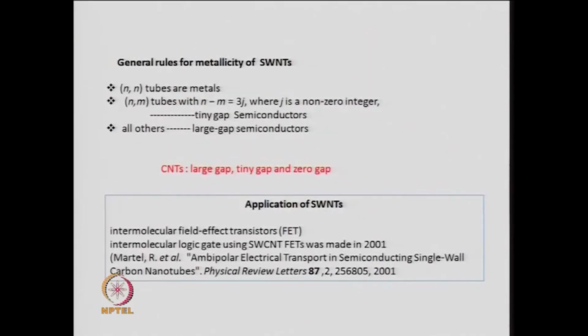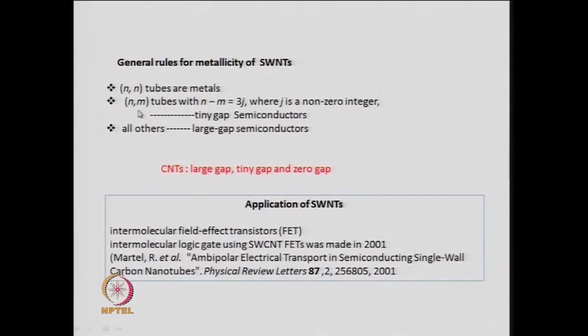So, in general, if you look at single walled carbon nanotubes, which are called SWNTs, if you have the coefficients n and n to be the same for these nanotubes, then they have metallic conductivity.